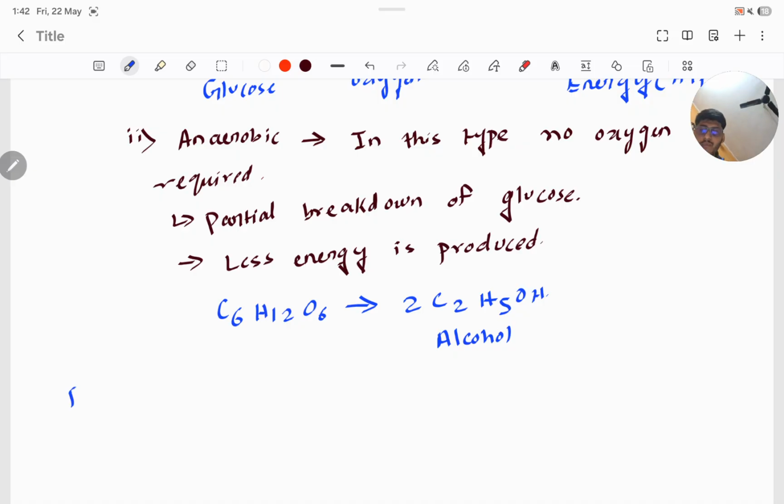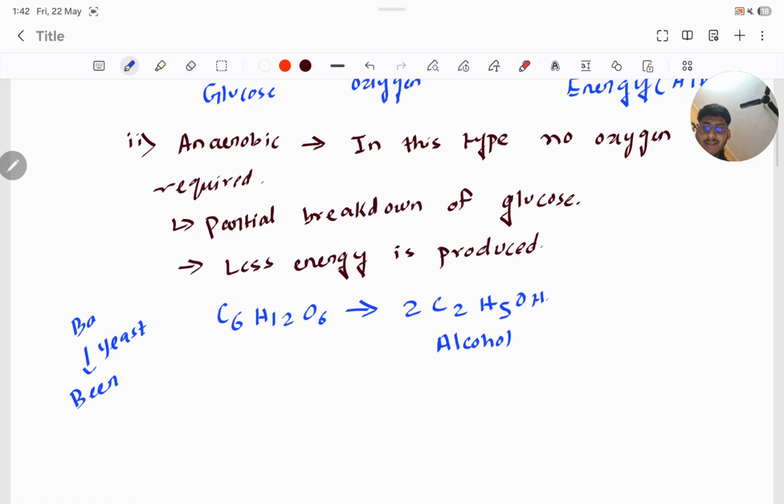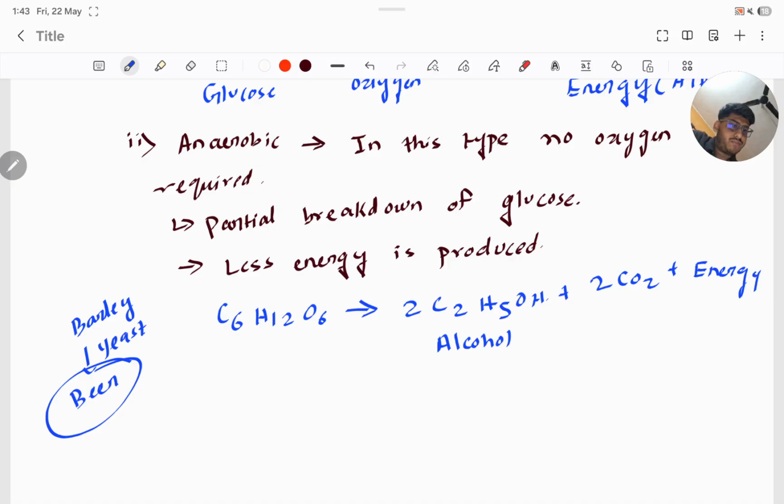We all know how beer is being produced. Beer is produced by yeasts. What do they do? The yeasts do respiration in the barley, and they produce the alcohol, beer. Now 2CO2 and energy are getting produced.